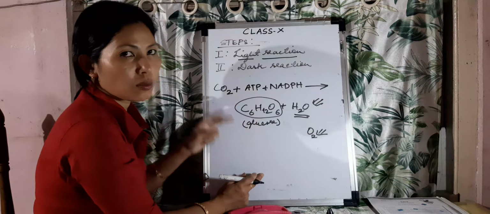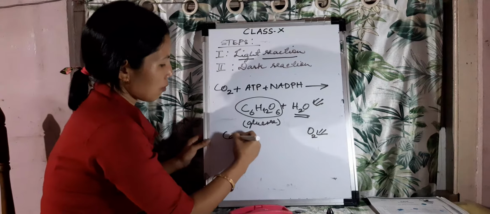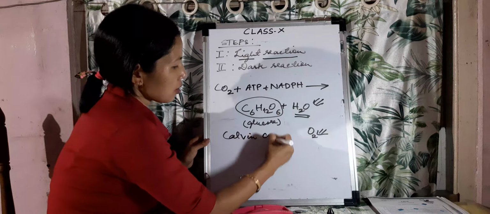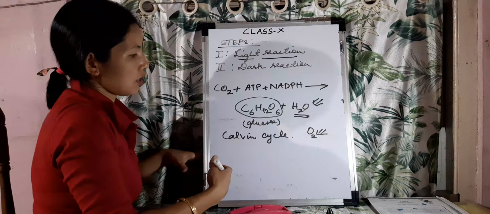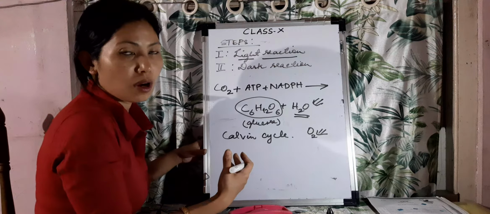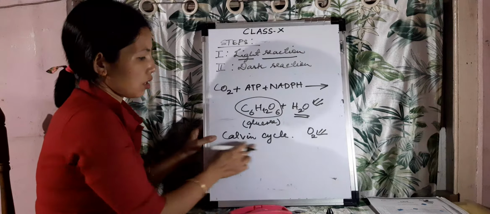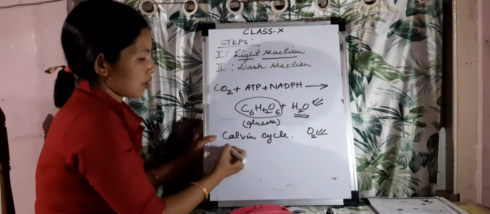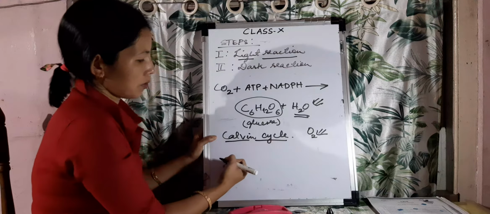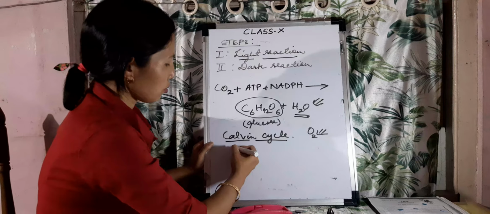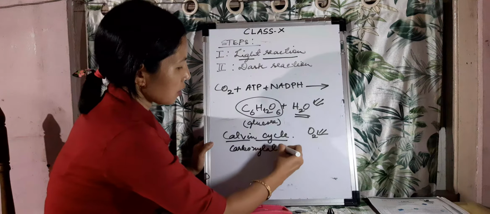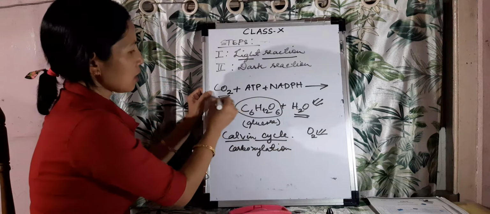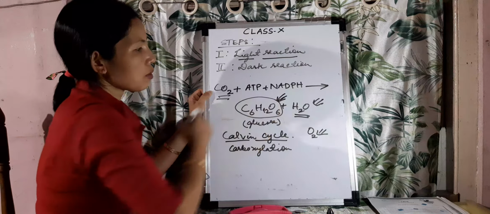This series of reactions is known as the Calvin cycle, right? The series of cyclic reactions that occurs in the stroma is known as the Calvin cycle, and the process is also known as carboxylation, where carbon dioxide is reduced to carbohydrate.